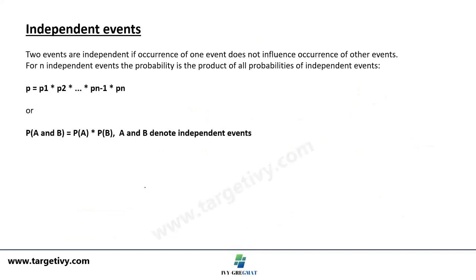Okay, folks. Now, something we need to understand here. Independent events, what are they? And there will be something called exclusive events, or mutually exclusive events, as we say. Let's see, what are independent events? Two events are independent if the occurrence of one event does not influence the occurrence of the other event.